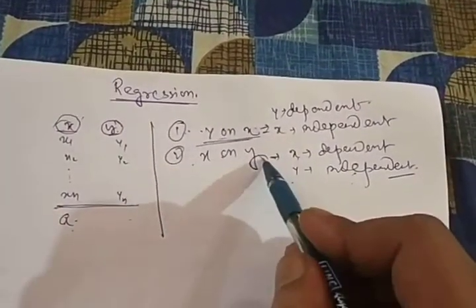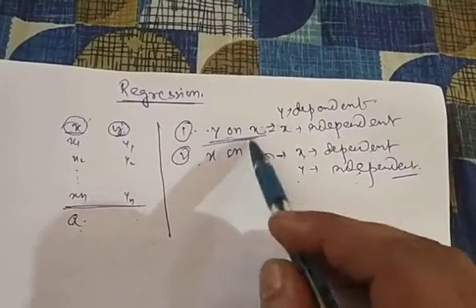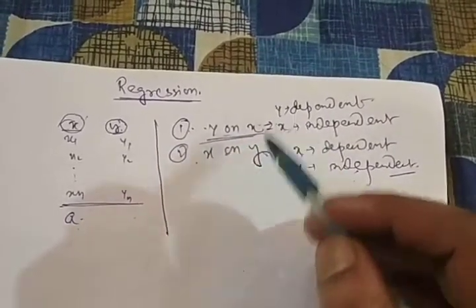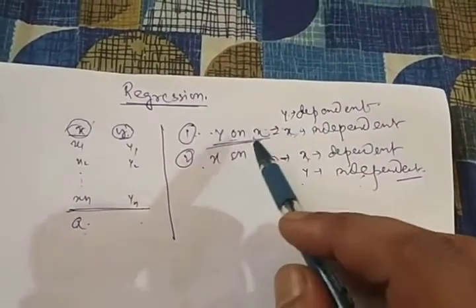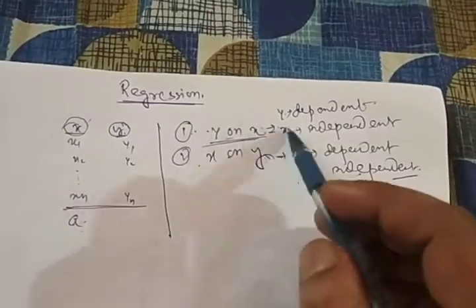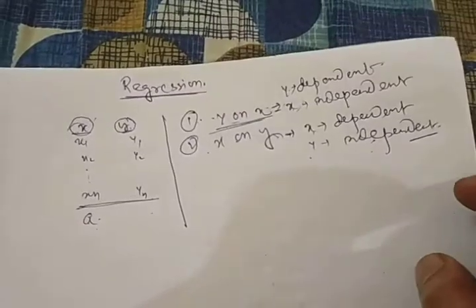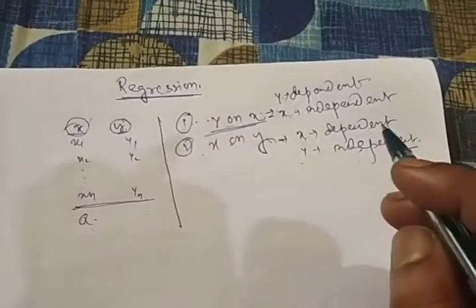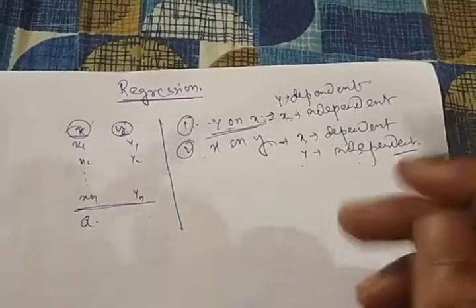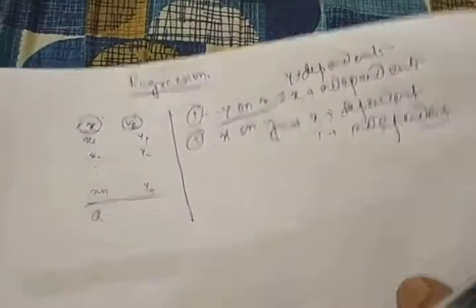So there are two types of regression lines: y on x and x on y.